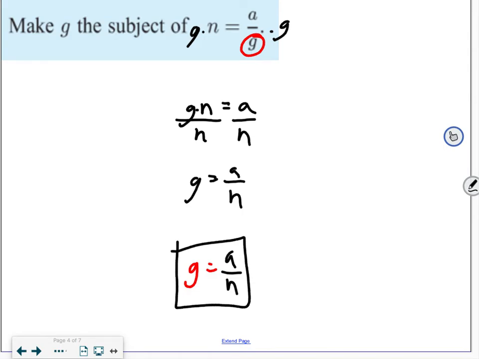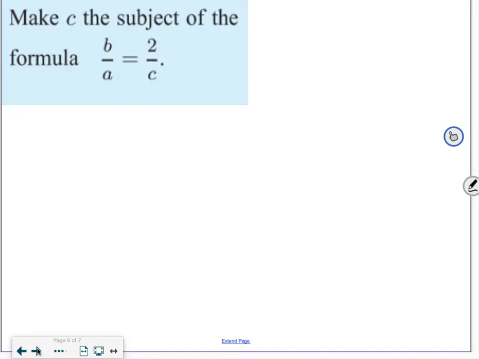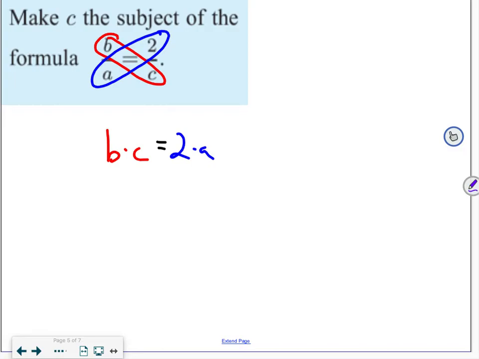And we have made g the subject. Next example. If we're trying to make c the subject of the formula, again, I'm going to do the same strategy of getting rid of my division. Here I'm going to cross multiply. Since I have an equal sign, I have b and c, I'm going to multiply those out. I get b times c is going to be equal to my other cross, which is 2 times a. Now I have a simple multiplication problem.